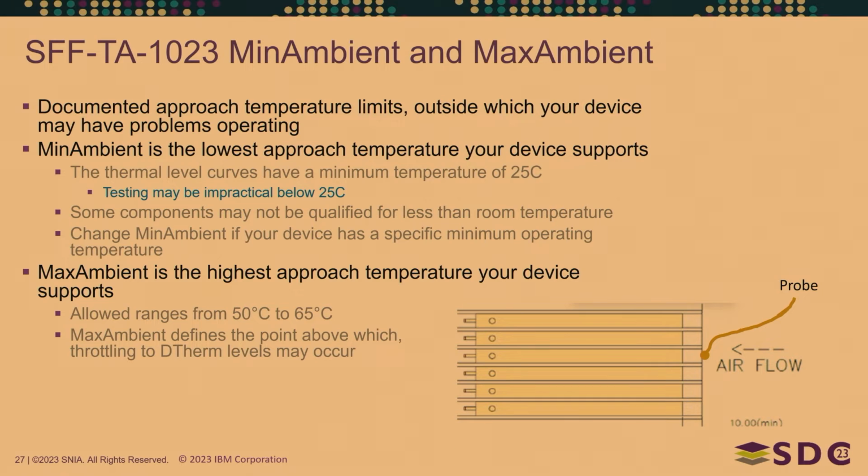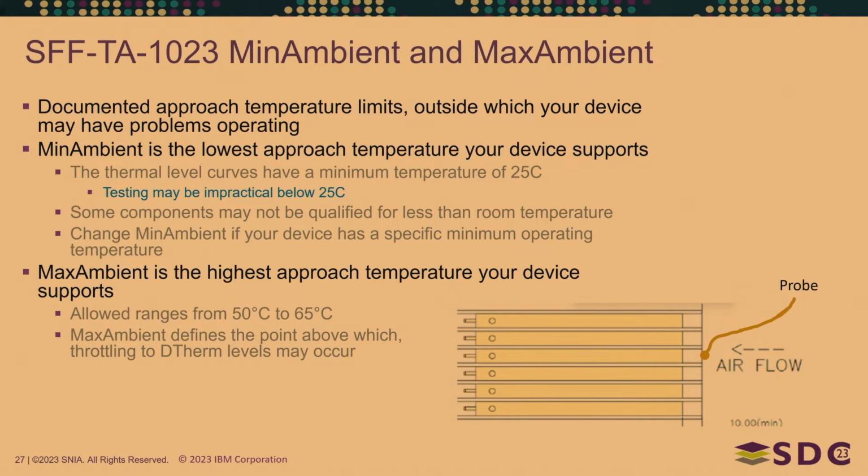You spend a lot of money on something that overcools your air, and nobody really operates there anyway for the most part. And some components might not even be qualified below room temperature anyway. Yeah, sure, you'd want things to operate at 0 C, but practically speaking, you don't do that.